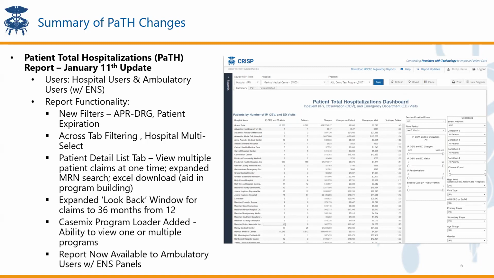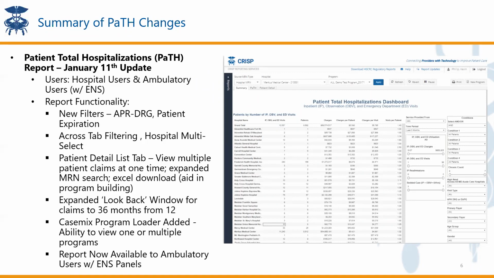We added a bunch of new filters into the report, including APR-DRG and patient expired filters. These filters persist across tabs. That means if you make a selection in the summary page, you can quickly jump over to the patient details and view those filters without having to make the same selection again.